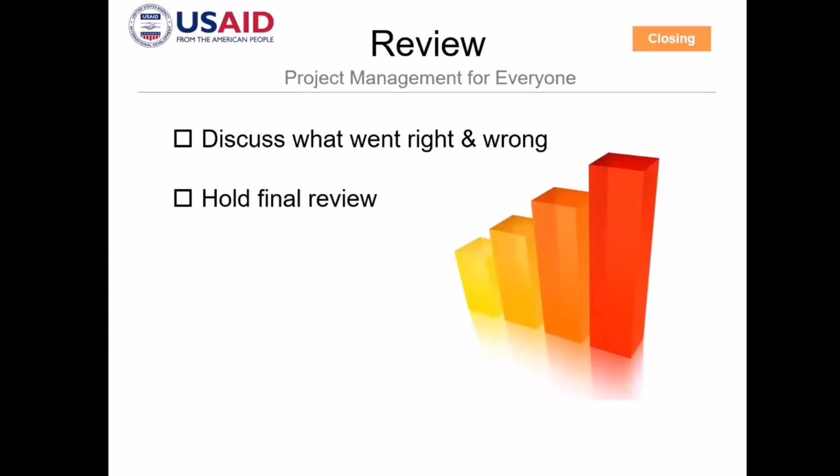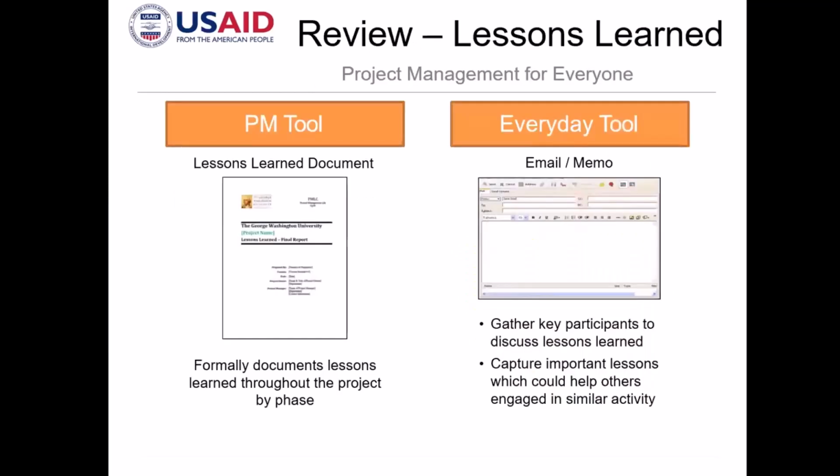And after the final review, you will come up with the lessons learned on what happened when we implemented this project or program. So for me, I normally come up with a lessons learned document.